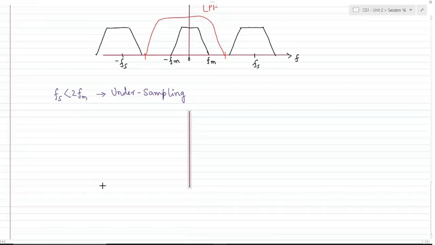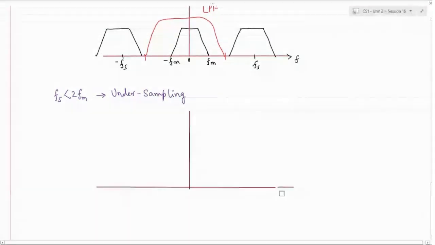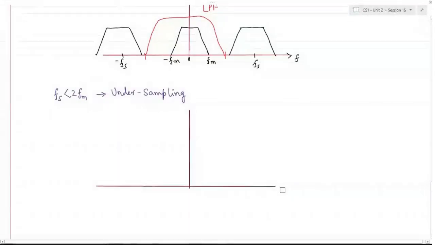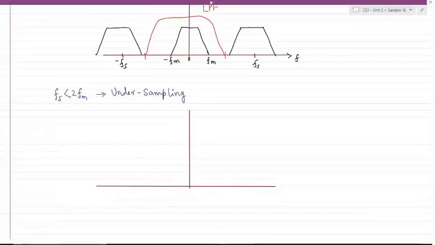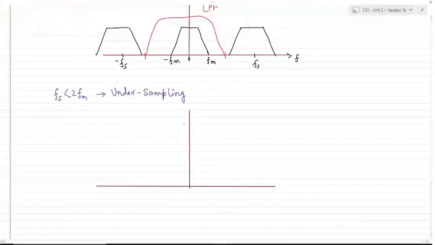Any answers? Signal won't be reproduced faithfully. Faithfully, do you think so? Overlapping of the band. Exactly. There will definitely be overlappings.